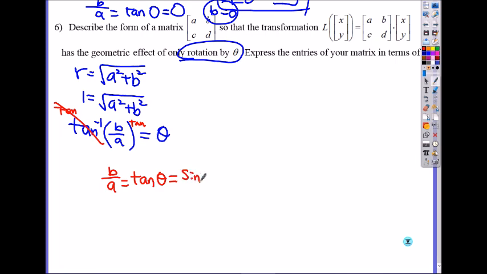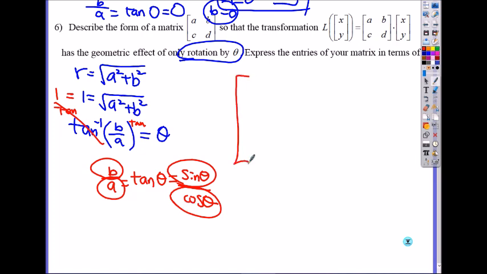Sine of theta over cosine of theta. And our r is just 1, right? So then what is your b? Sine of theta times r. r sine theta is your y, but r is 1. It didn't stretch. What is a? Cosine of theta.